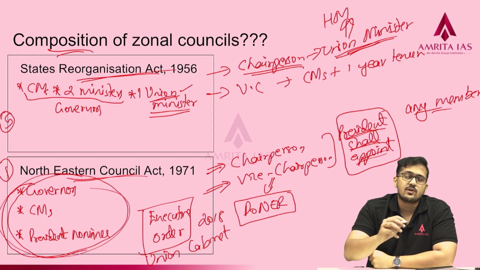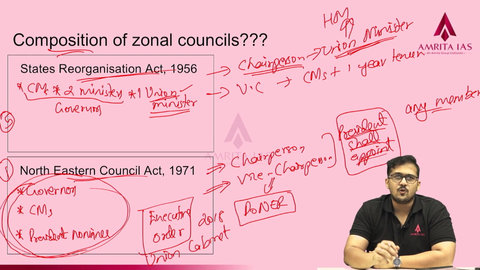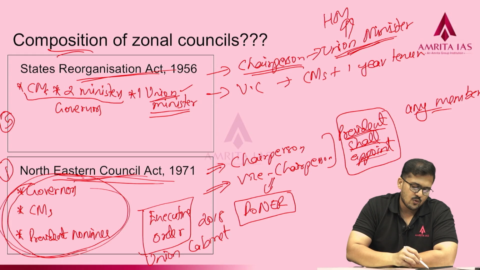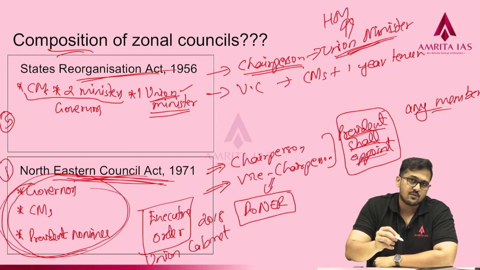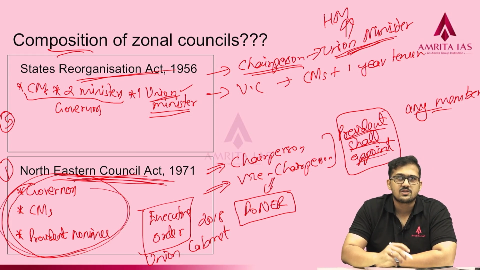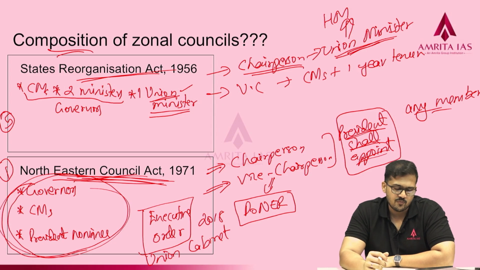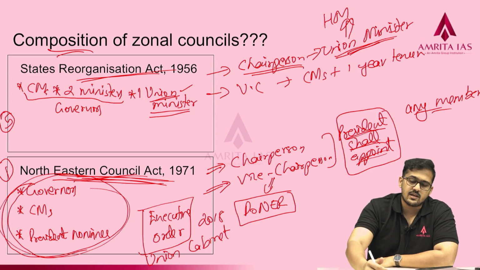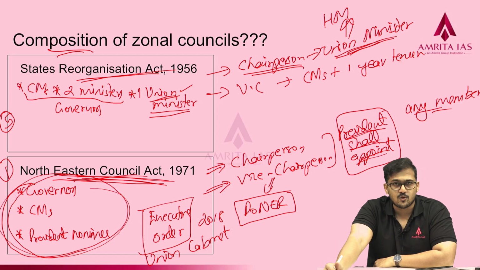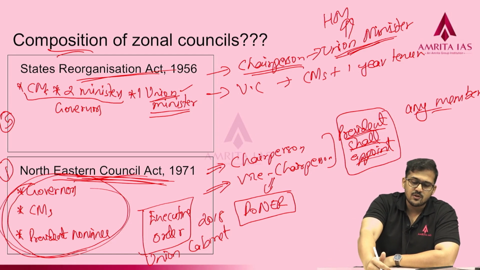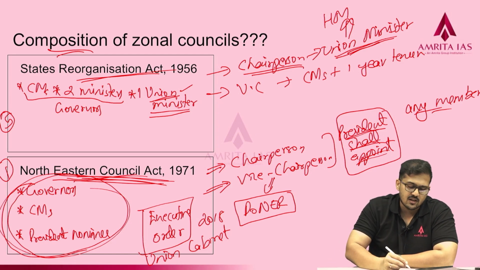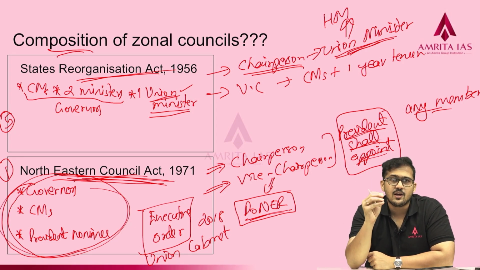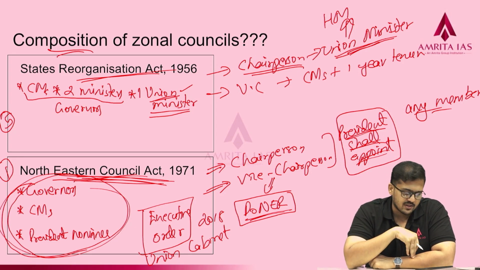Now if the question is asking in the Indian polity or the Indian situation, who are the chairperson and the vice chairperson of the Northeastern Council? In that case, you have to say the ex officio chairperson is the Union Home Minister, and the ex officio vice chairperson is the Minister in charge of DoNER. Simple. Now you have proper clarity on how to prepare in this area.